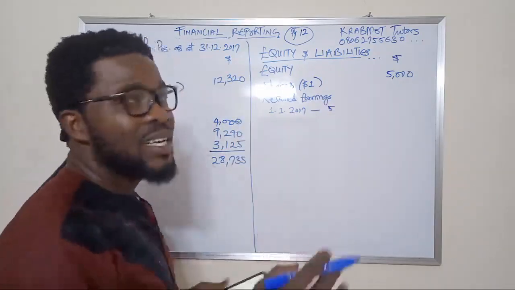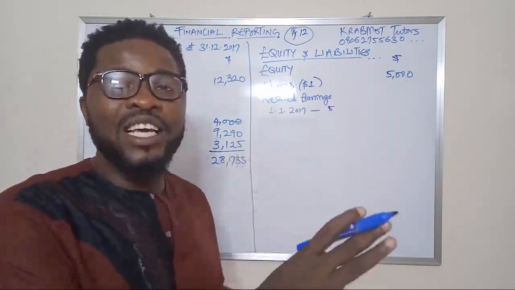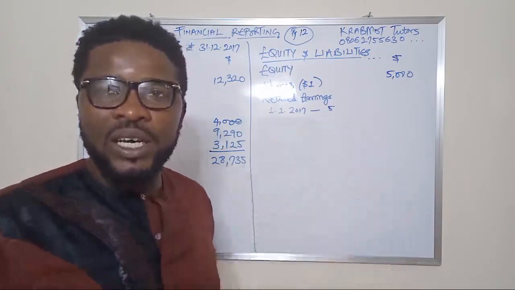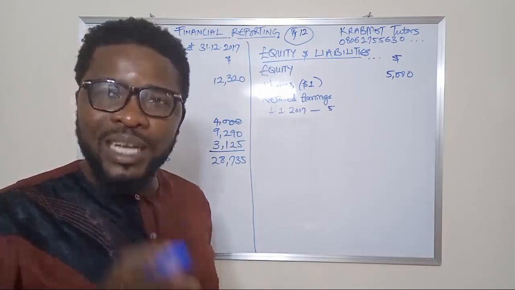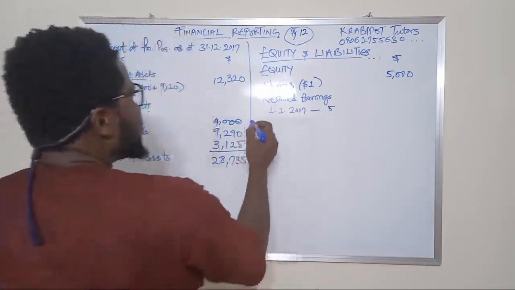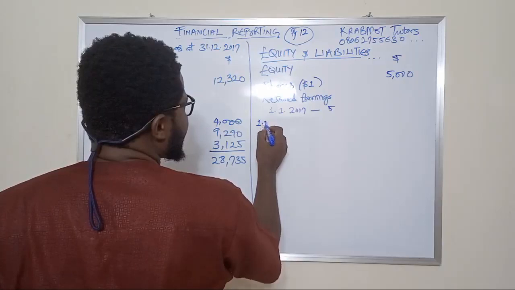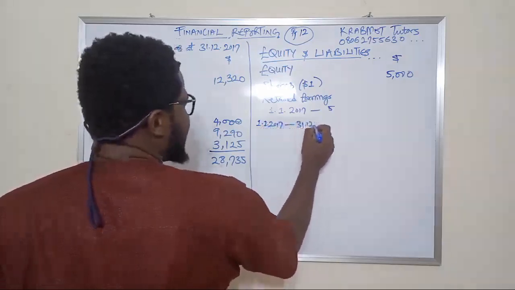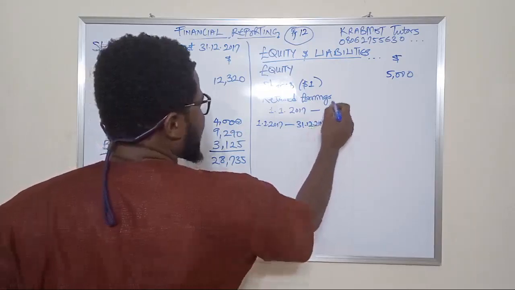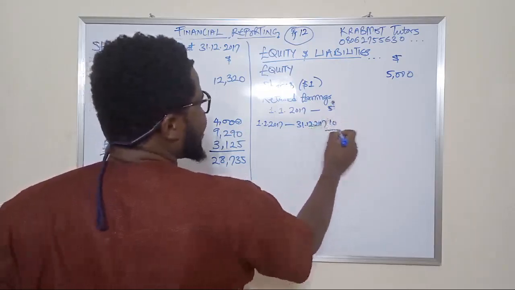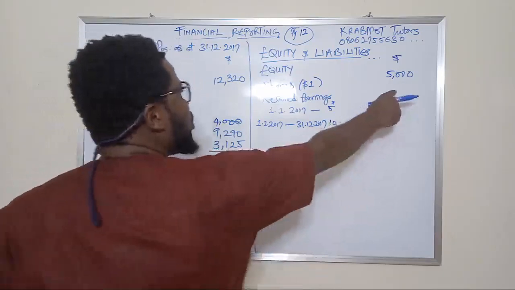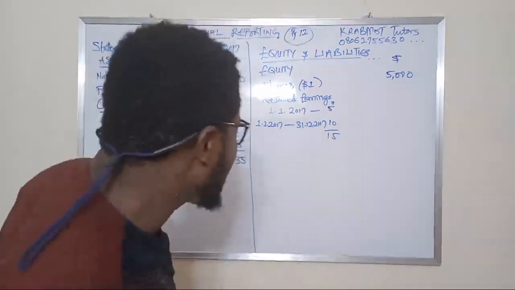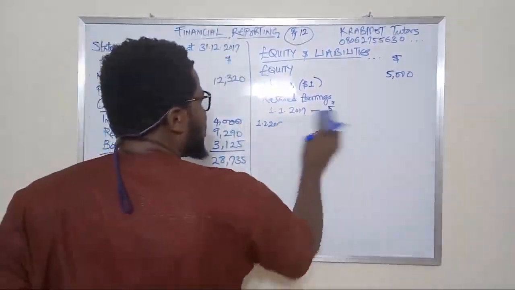Remember I said the statement of profit and loss is like a video of all the processes from beginning of the year to the end of the year, while the statement of financial position is a snapshot at the end of the year. Then we will now take the duration to 31st December 2017. If this is 10, we add 10, and that will be 15, and that will go in here. That's the mindset when you look at the retained earnings.